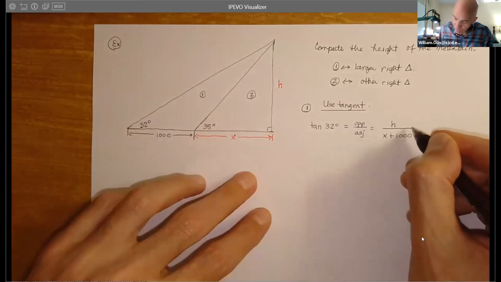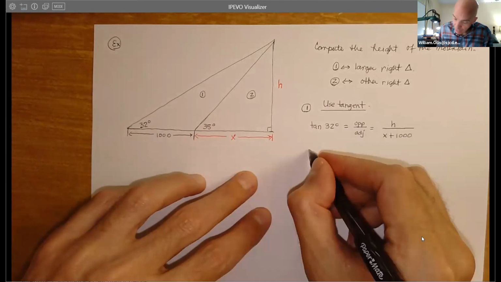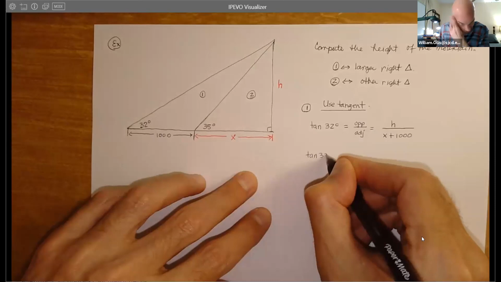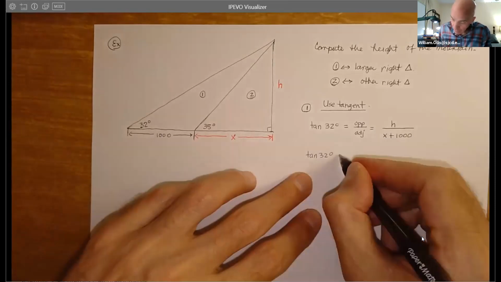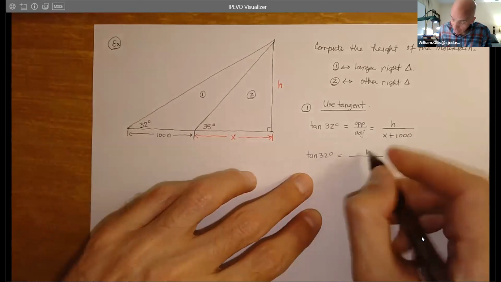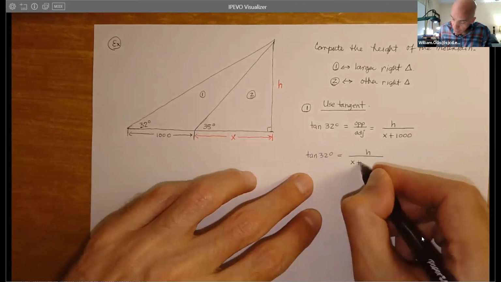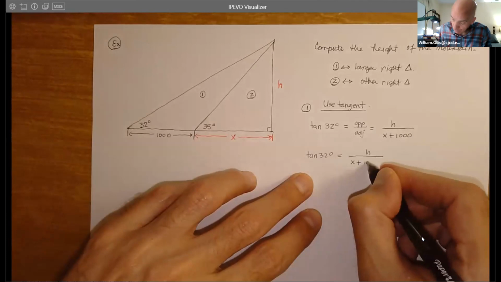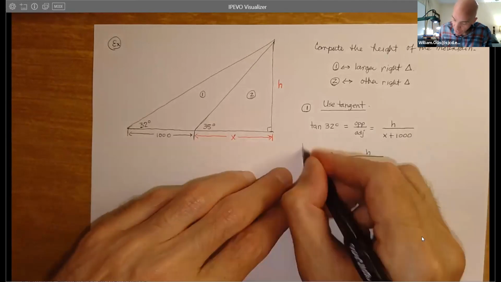I'll put this in a box. So we've got tangent 32 degrees equals h divided by x plus 1,000. So that gives us an equation.